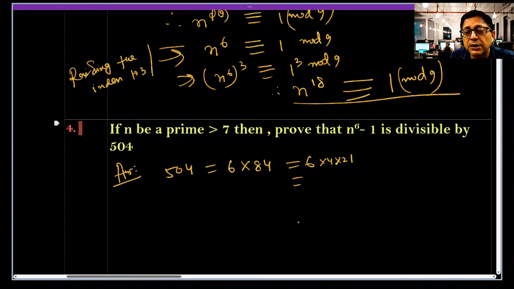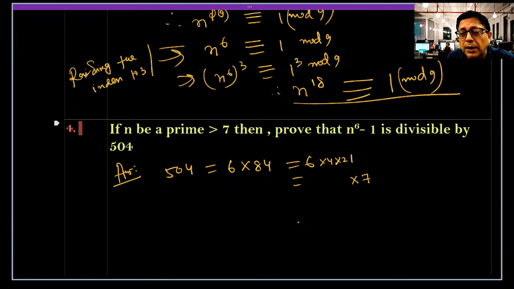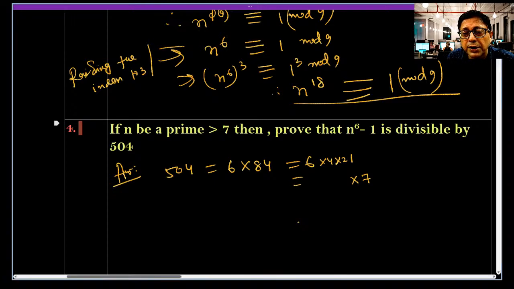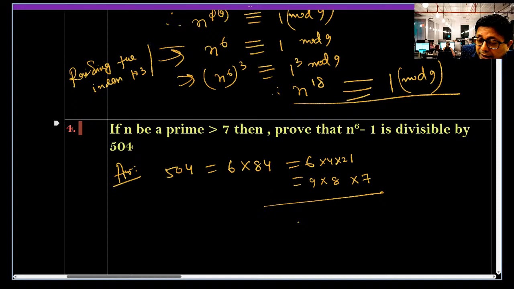So write all these. You get in terms of 7, 3, getting a 3 here also, 9 and then 8. If you can prove that n to the power 6 minus 1 is divisible by 9, divisible by 8, and divisible by 7, then it is done.